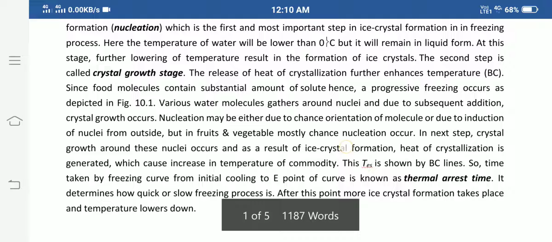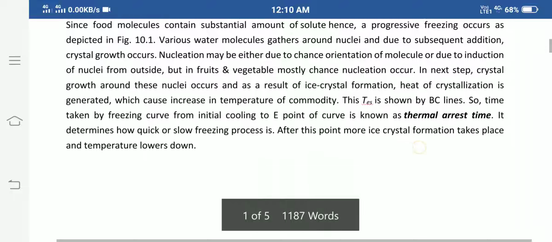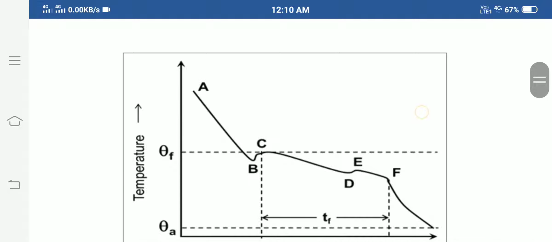The second step is called crystal growth stage. The release of heat of crystallization further enhances temperature, that we can clearly see in the curve, that during supercooling it goes from A to B.